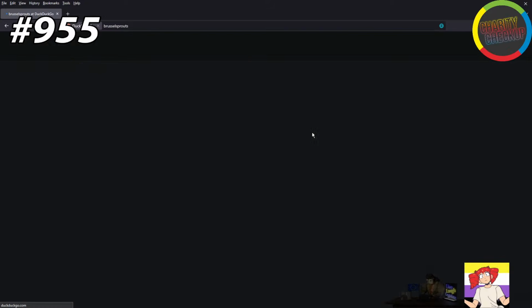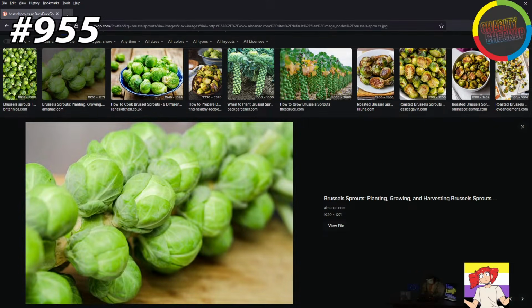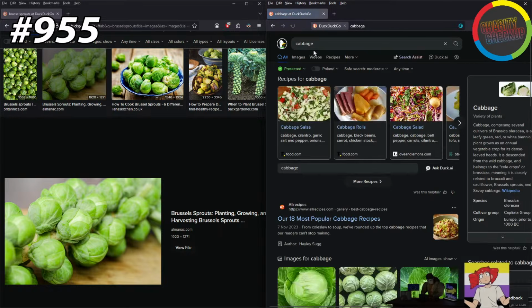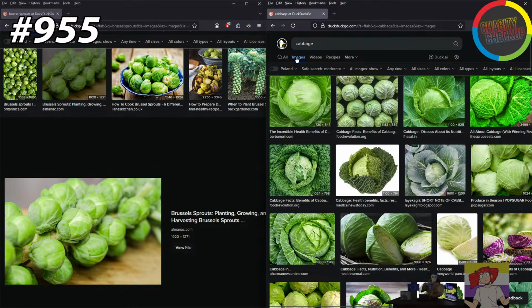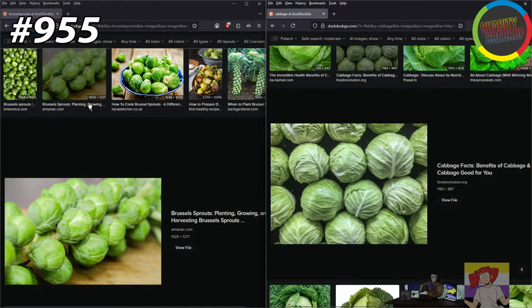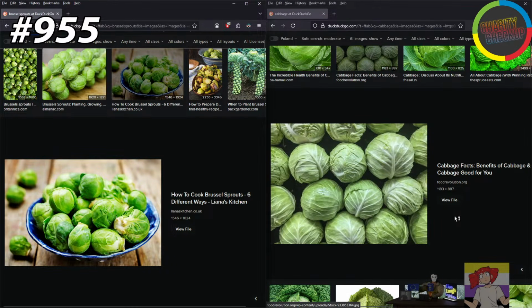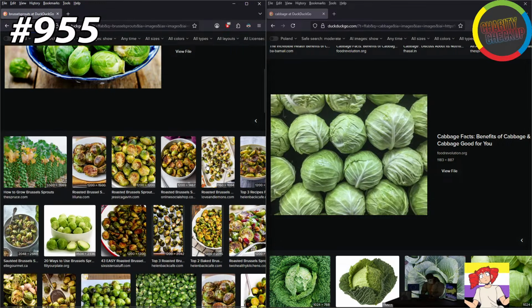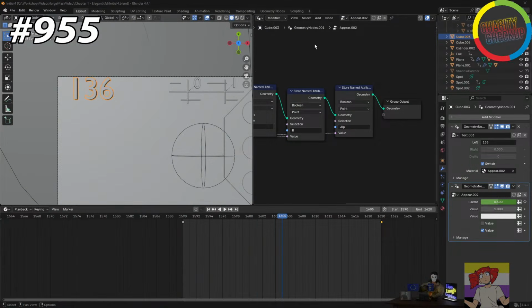Well, at least they taste good. Unlike cabbage, which tastes like flavored grass. Wait, do you eat your cabbage cooked or not cooked? Because if you eat your cabbage cooked, then it tastes exactly like Brussels sprouts. Brussels sprouts are just a small cabbage. Look at it. I've eaten both, and they both taste the same.